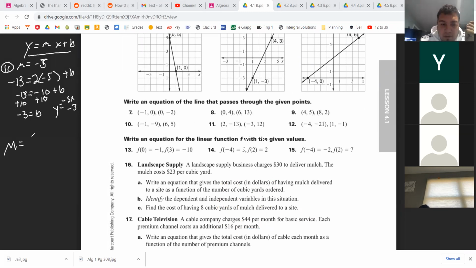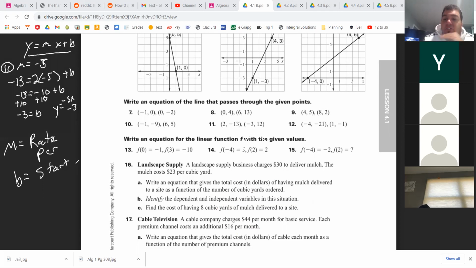The slope is a rate. So usually it's something per something else: per hour, per dollar, per person. It's per something. And then your b is usually your starting point.